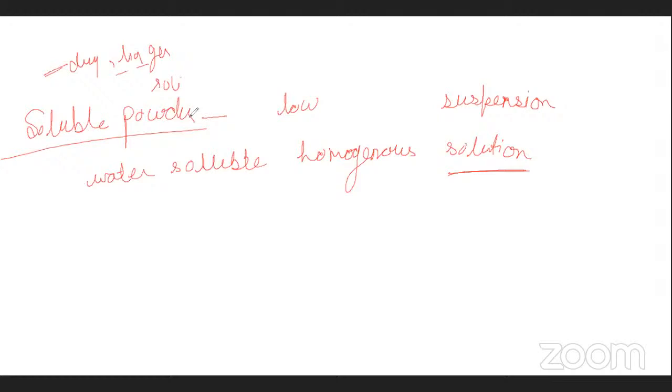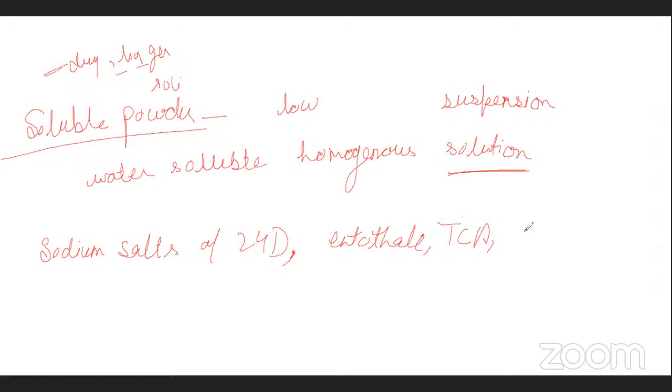The examples of soluble powder are sodium salts of 2,4-D, endothall, TCA and dalapon. These are the examples of the soluble powder.